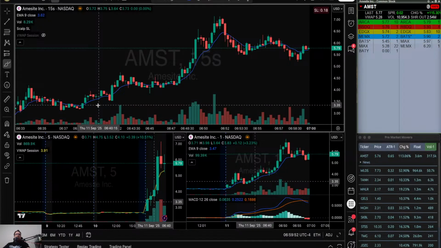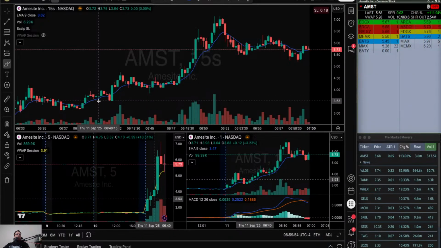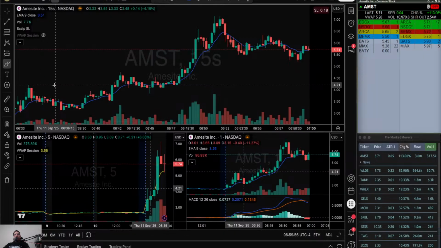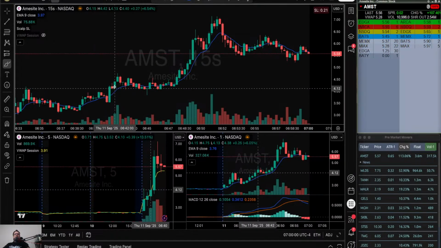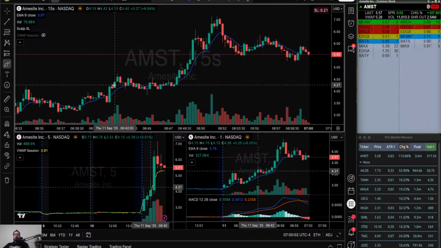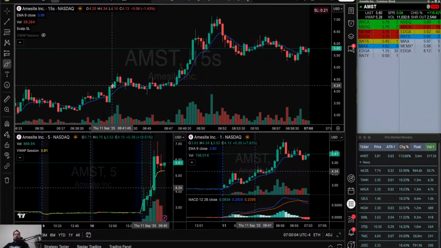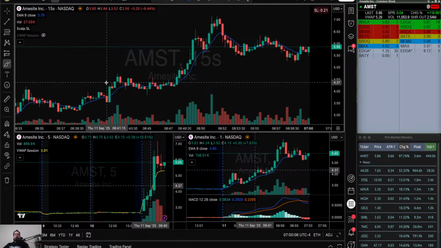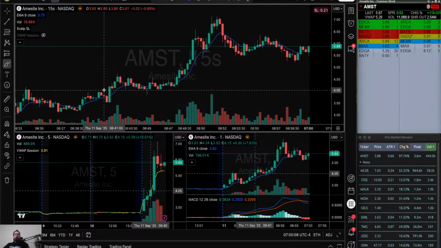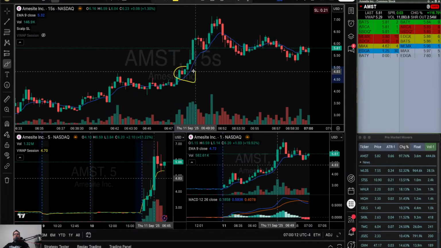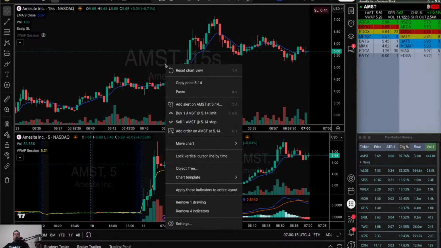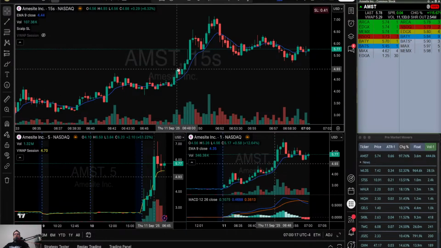You could have taken a few trades up in this area, but I just didn't take any. That one looked halfway decent right there, a break of 4.35. A break of 4 was pretty good. But this area right here was good.